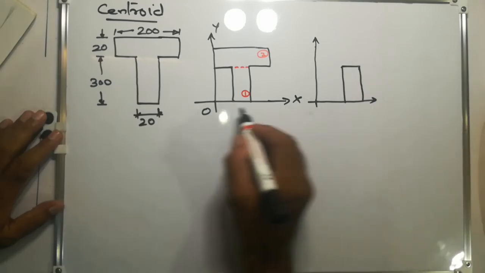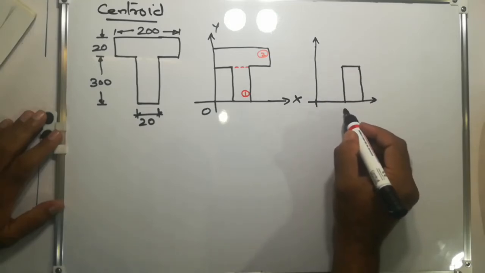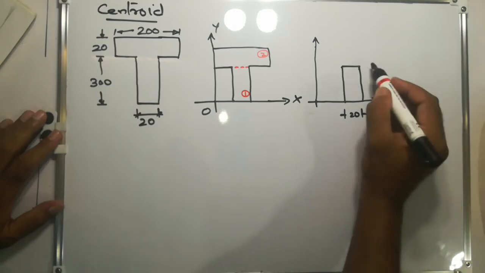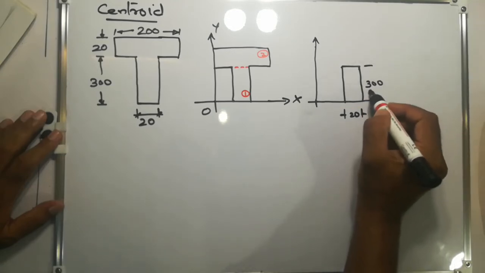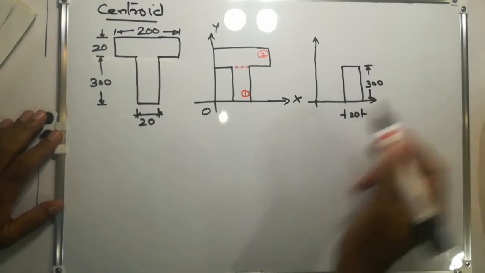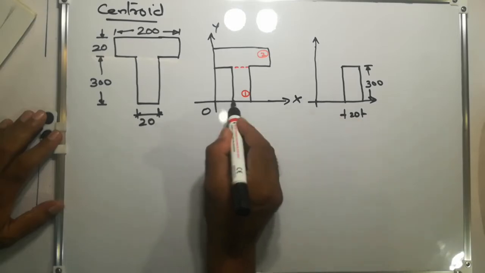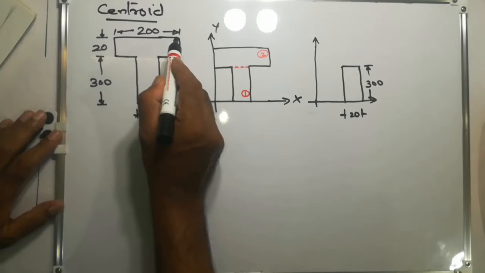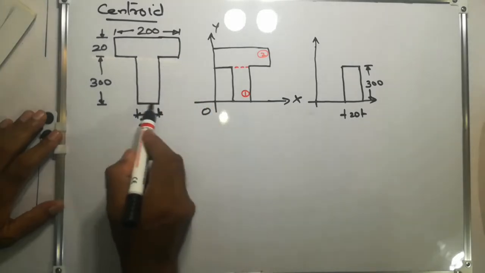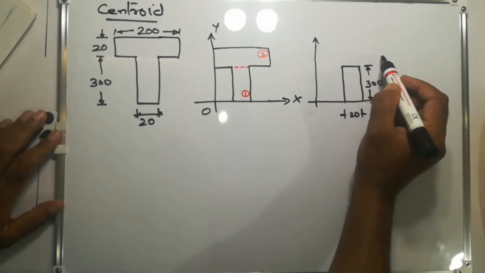Okay, and we know the distances. This distance is 20 and this height is 300. And what will be this distance? It will be 200 minus 20 divided by 2. That is, up to here it will be 200.